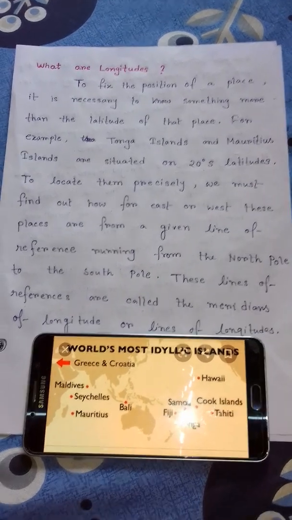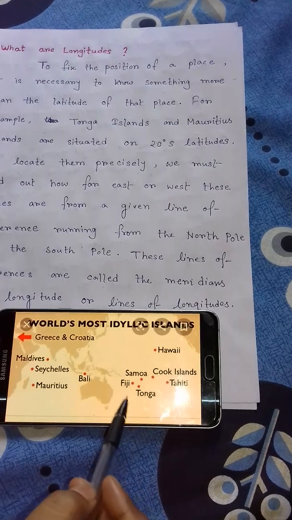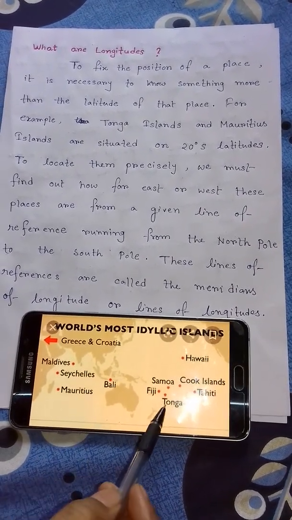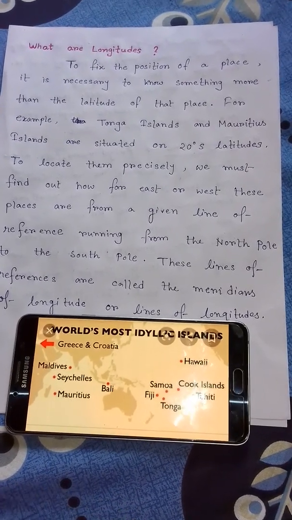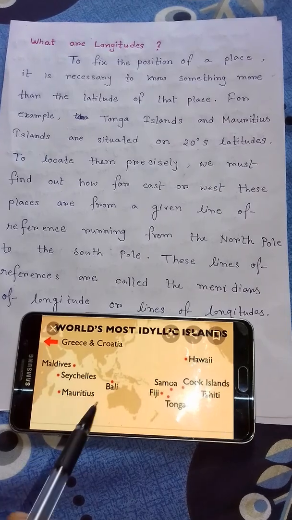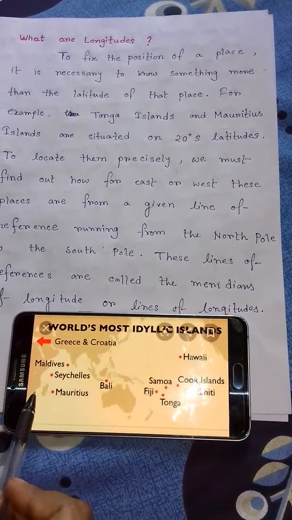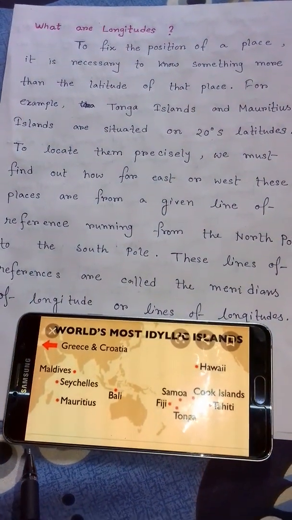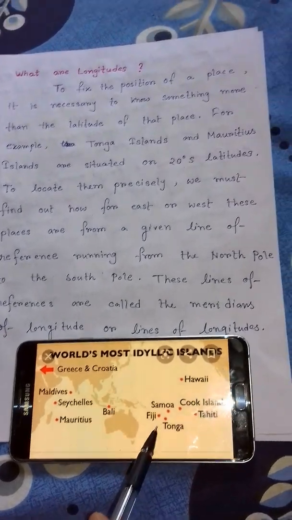For example, take two places. One is Tonga Island and the second one is Mauritius Island. They both are located in 20 degrees south latitude.